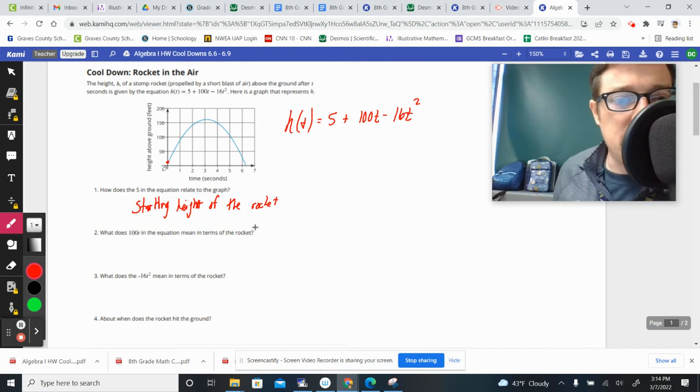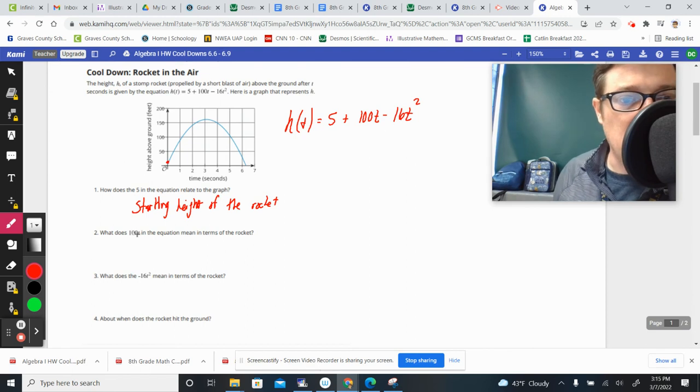Now, number 2, it says to tell what 100t in the equation is representing. Well, we know that the negative 16t squared, based on our discussions in class today, represents gravity's effect on a falling object. But the t term comes from the speed at which the rocket is taking off.